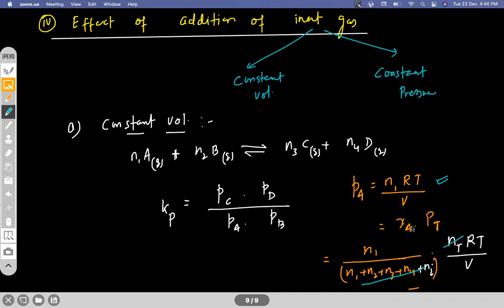Statement, write down: addition of inert gas at constant volume does not have any effect on equilibrium, since the partial pressure is unchanged.